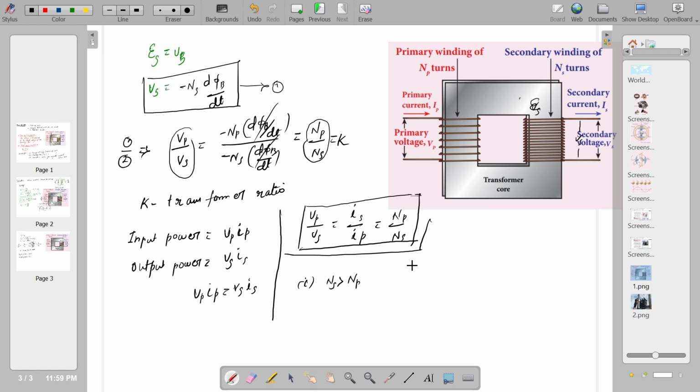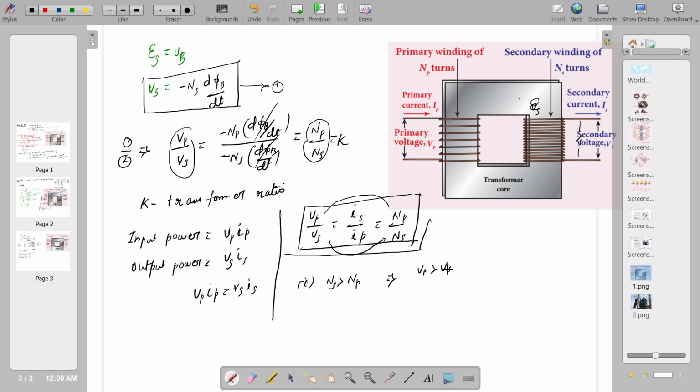So this tells us Vp is greater than Vs, because Vp is proportional to Np and Vs is proportional to Ns. If Np is greater, definitely Vp will be greater and Vs will be lesser.